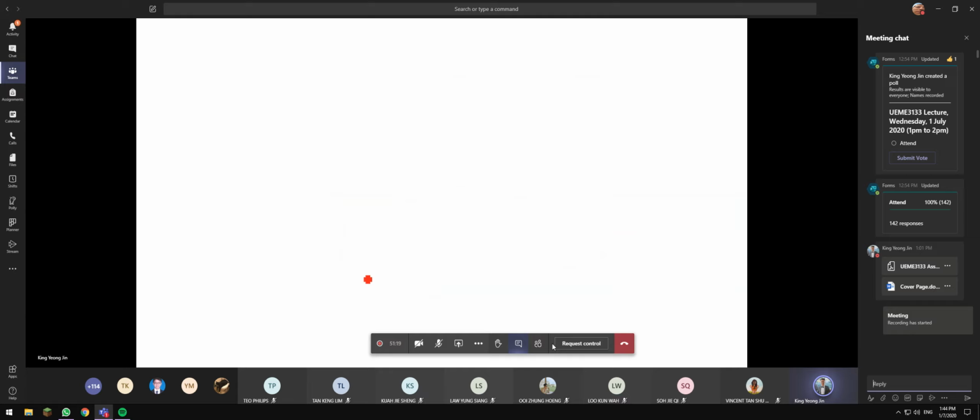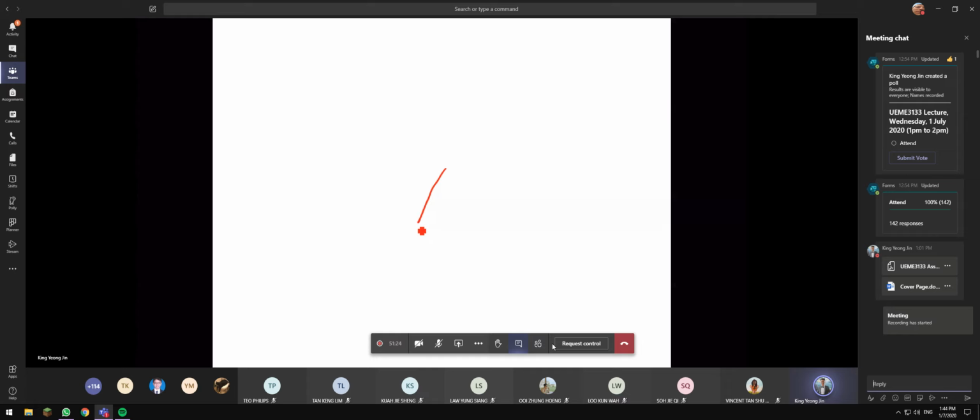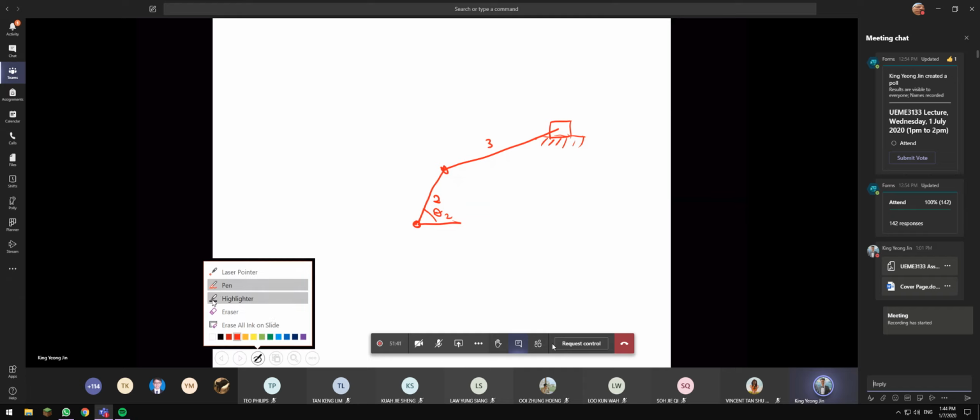Okay. So just now the one we have is that we have the angle here, the link 2, and then go to the slider, like this. So we have the link 2 and link 3 here, with the angle of theta 2. Because with the same information given, actually I can draw the other one.